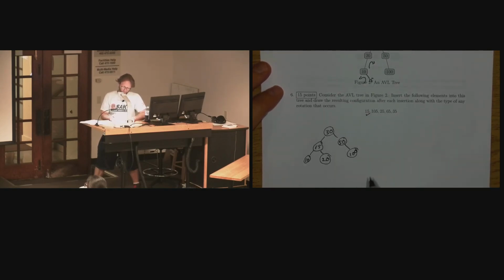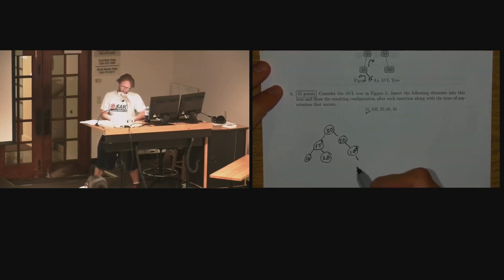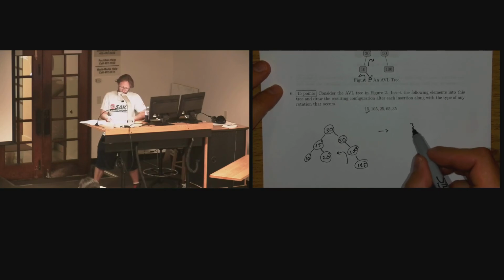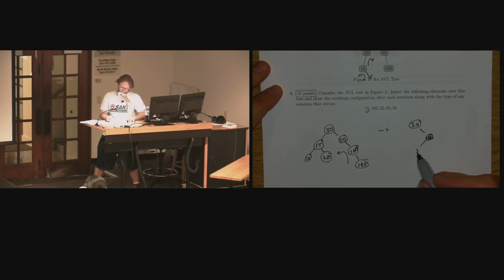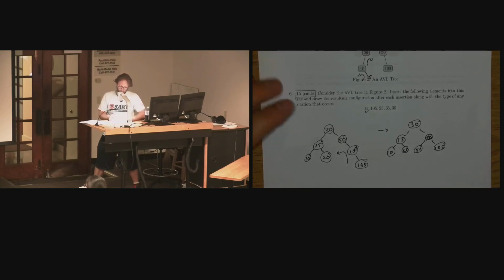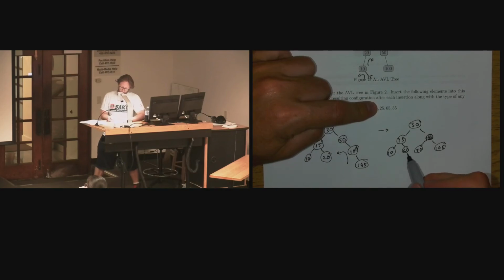So that's done. 105 gets inserted as right child of 100, and then I would end up doing a left rotation here. So 30, 100, 50, 105. This is unchanged, 15, 20, and 10. 25 would get inserted over here.